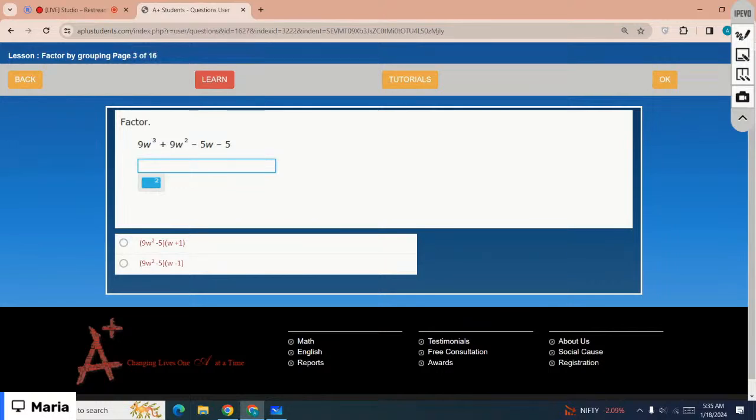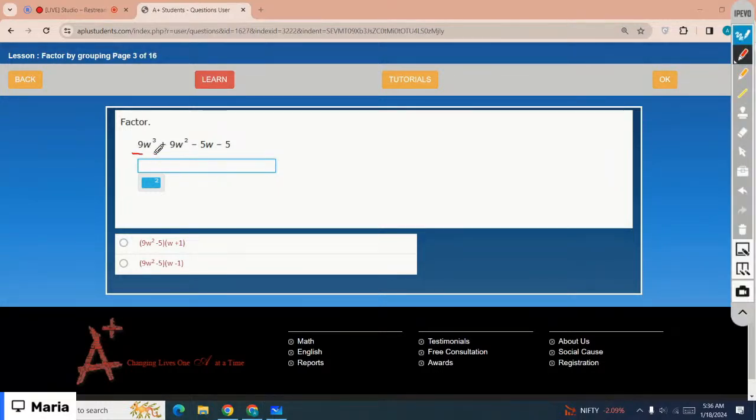Okay, the next one is 9w cubed plus 9w squared minus 5w minus 5. Which is the correct option? Okay, from here we can take common 9w squared, so you are left with w plus 1.